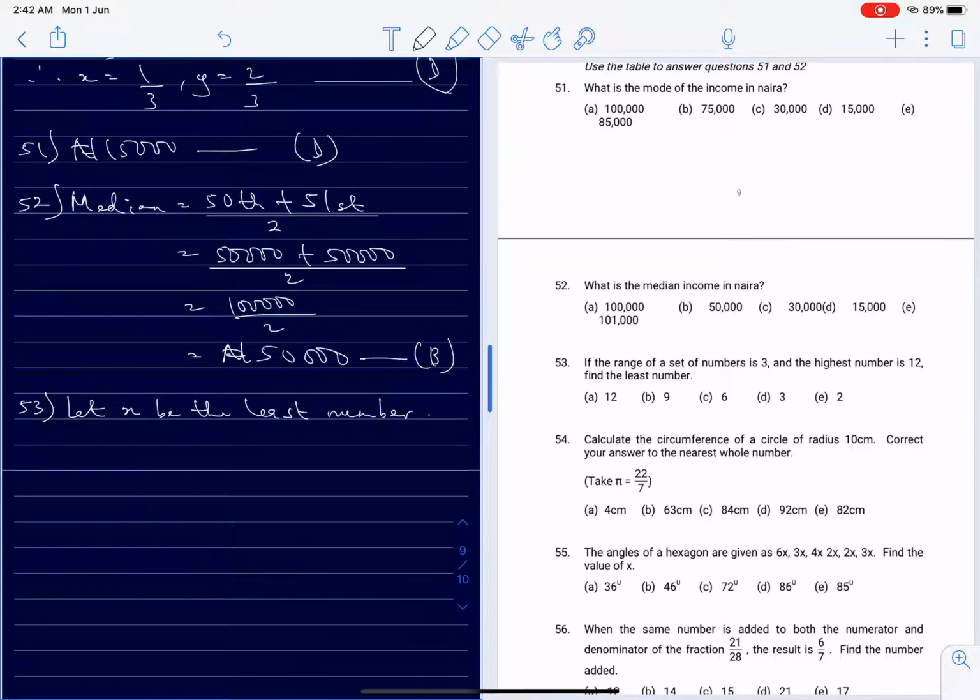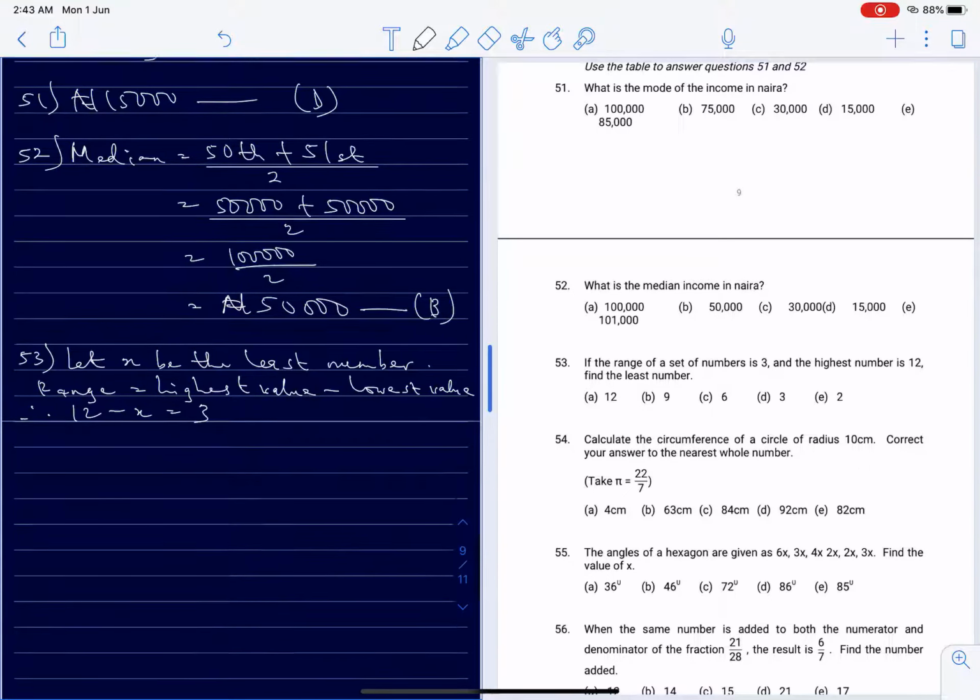Range equals highest value minus lowest value. We know the highest is 12. That means 12 minus x is 3, which is the range.